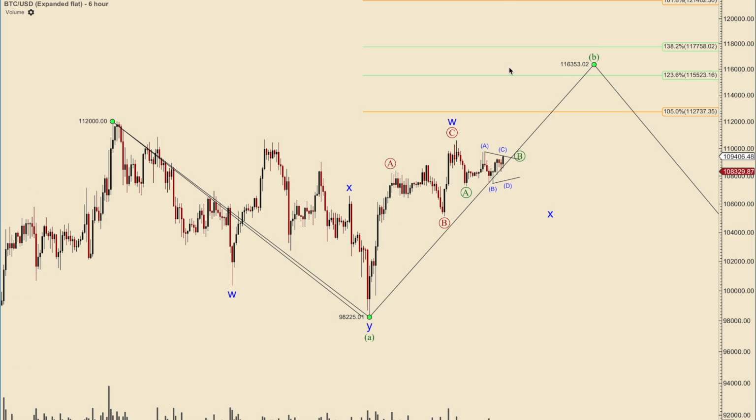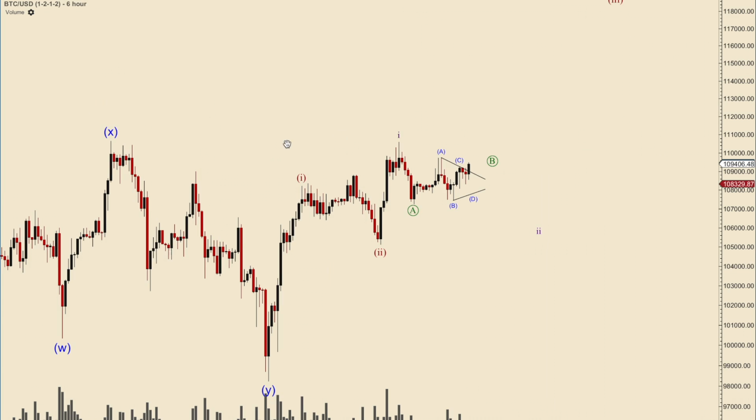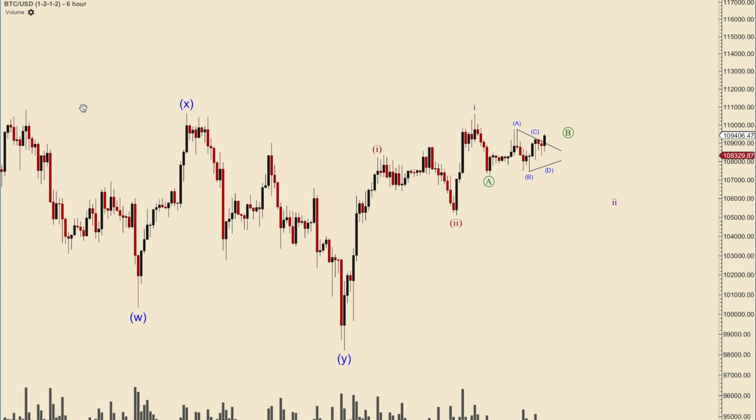And also we have another scenario. So I mean, this is the A, B, and then a deep C wave. Then we have a 1, 2, 1, 2. So here we are counting this as WXY, a finished WXY, and then a 1, 2, 1, 2. And the issue here is that the time for this second wave 2 is very long.